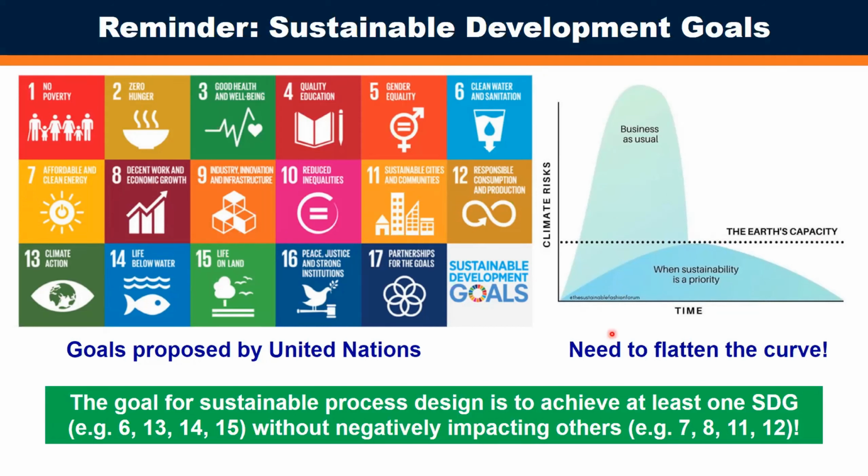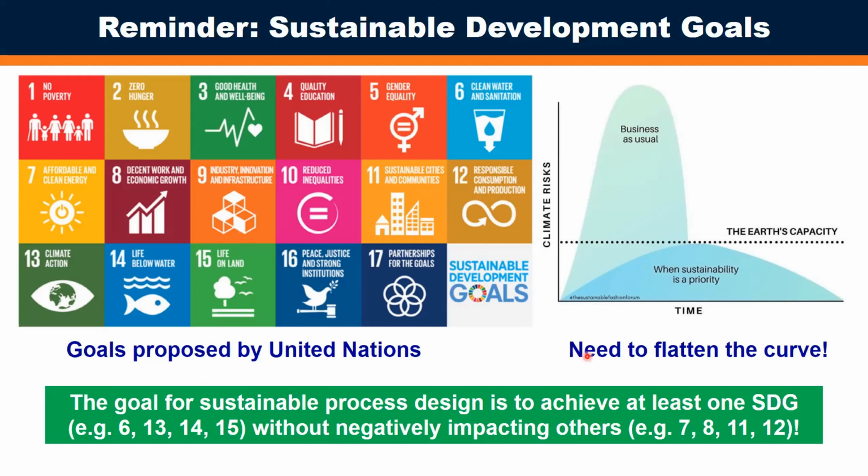But we don't want to do it by having a negative effect on things like energy, on work and economics, on the cities and communities, and the responsible consumption. Those are the things that we have to look at. We can't improve the climate as the sole goal by not having a sustainable model from a business perspective.